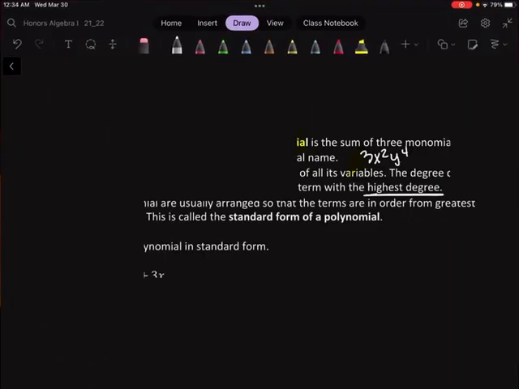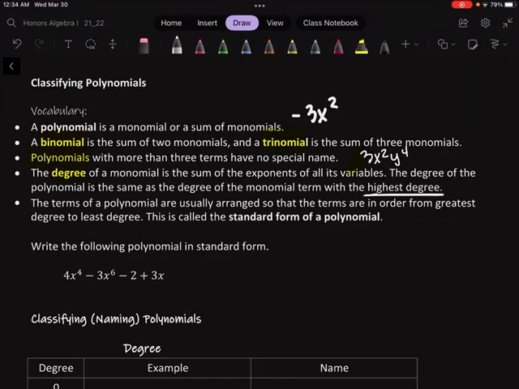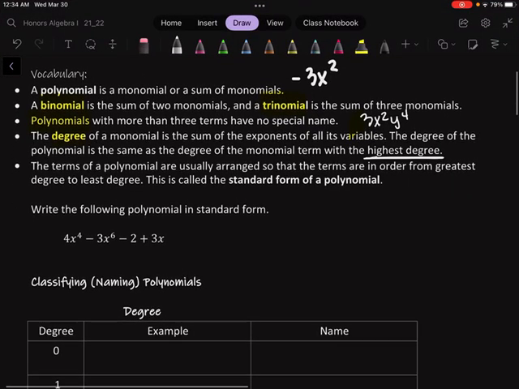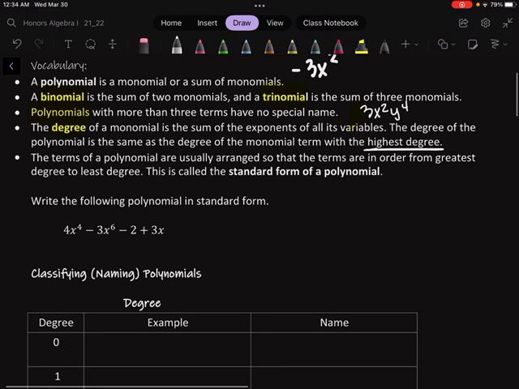All right, so here we're going to write a polynomial in standard form. Just the beginning here, what is the highest degree? That would be this x to the sixth. So that's going to be our first term. And then the next greatest, if we're decreasing our exponent number, this would be a positive 4x to the fourth.